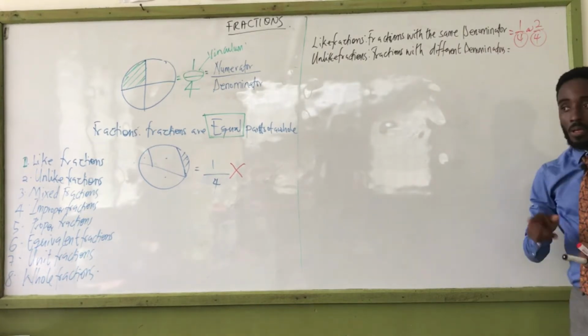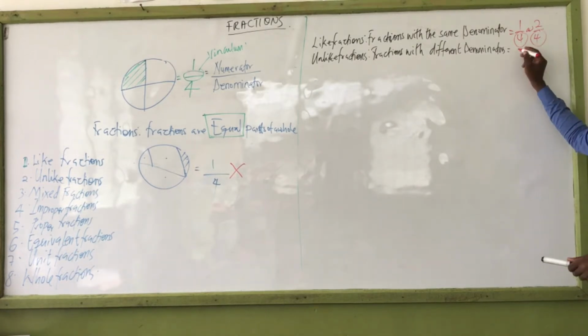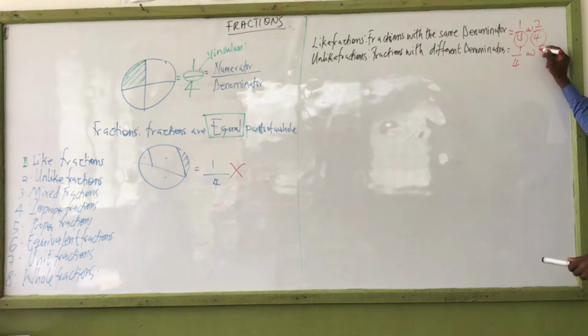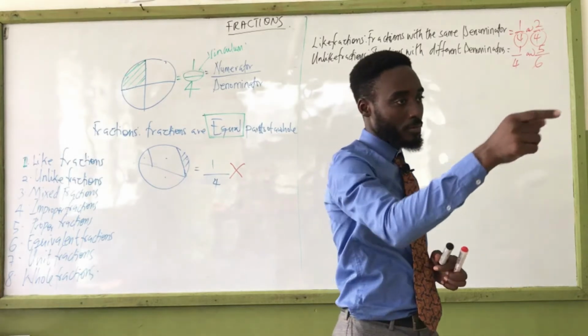Example: 1 out of 4 and 5 out of 6. So these two are unlike.